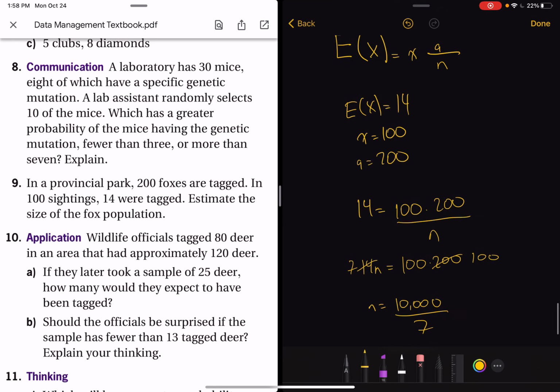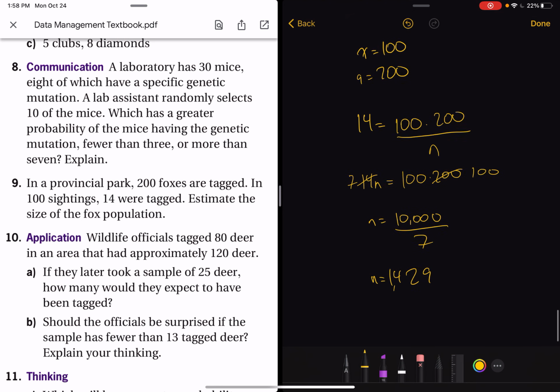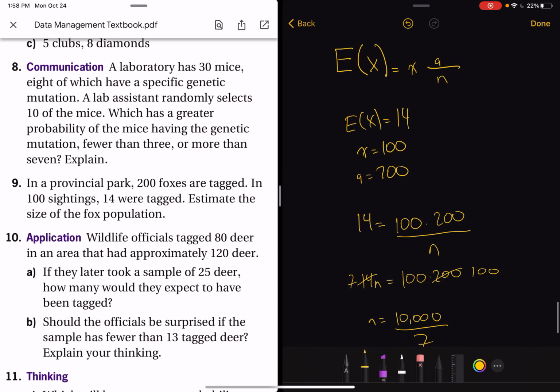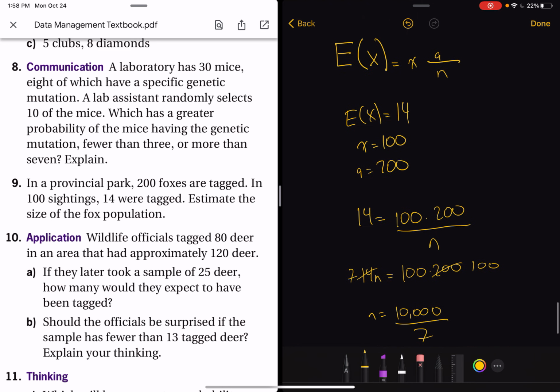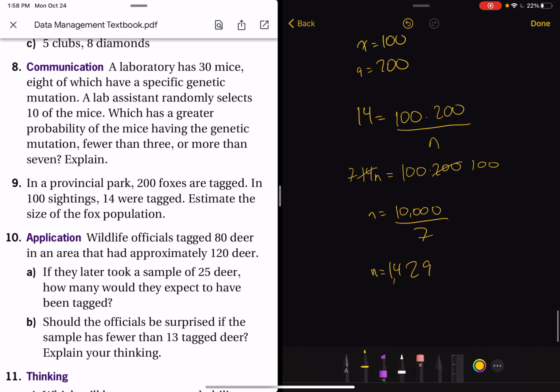So think about that, right? If we had 200 available tagged foxes and we tried to see 100, and we only got 14, that means if there were 1,000, we would have got 140, right? So there's a proportion of what you could expect based on the trials you take.